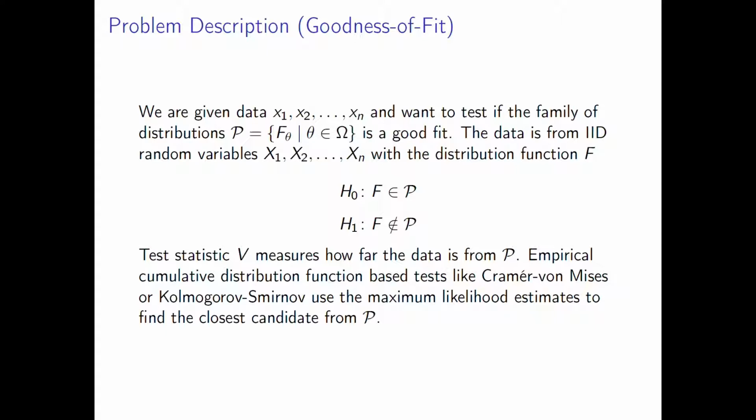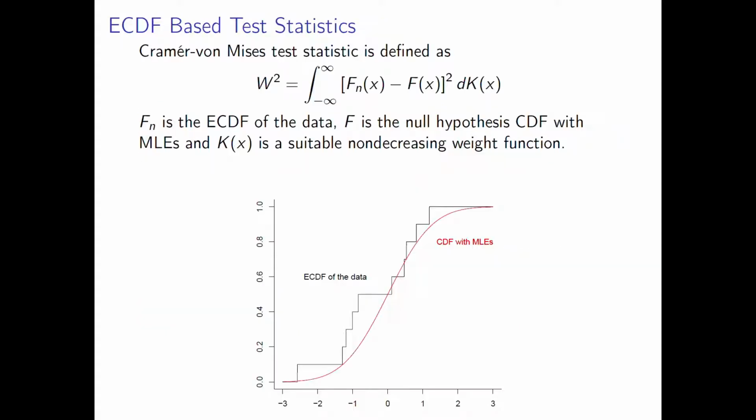Some of the examples for V are empirical cumulative distribution function based, like the Cramer-von Mises test or the Kolmogorov-Smirnov test. So let's take a look at the Cramer-von Mises test statistic.